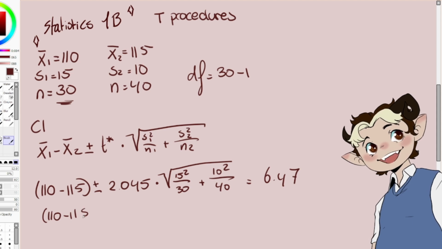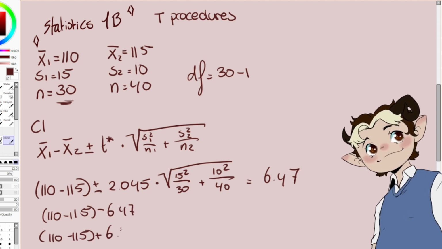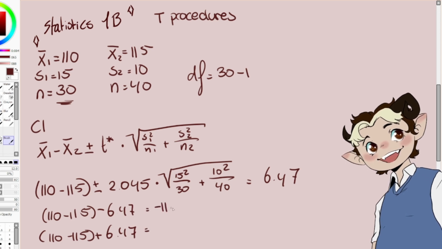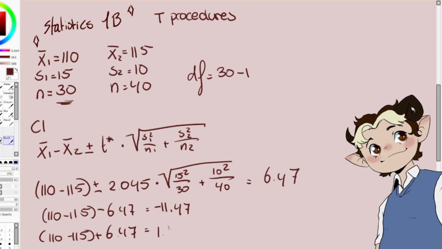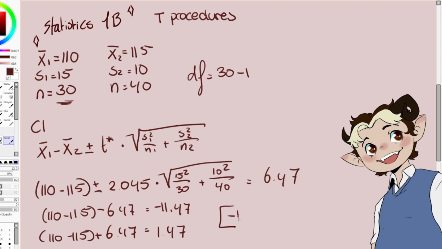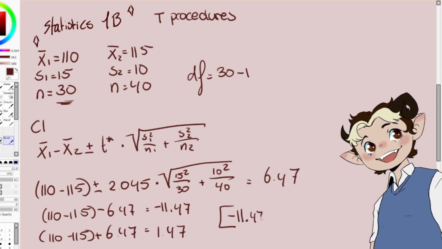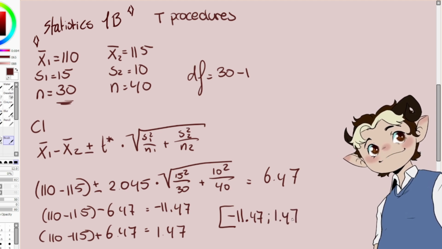So now it's 110 minus 115 minus 6.47 is minus 11.47 and plus 6.47 is 1.47. So our interval would be minus 11.47 and 1.47.